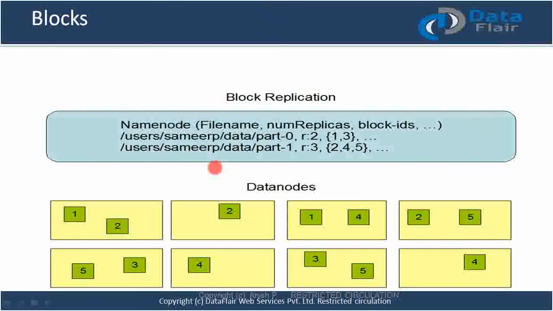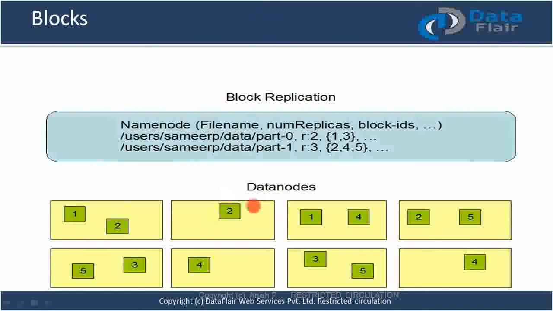Second is the distance. Suppose the client is pretty near to this machine, then the chances for this machine to get more blocks will be a little higher. By the way, to illustrate this, we'll see during our workshops also, we'll consider one of the data nodes itself as a client.